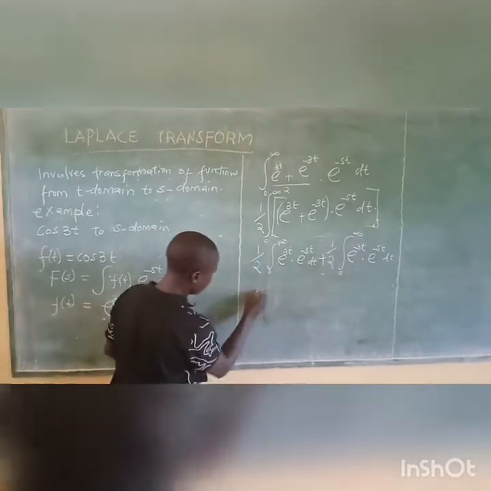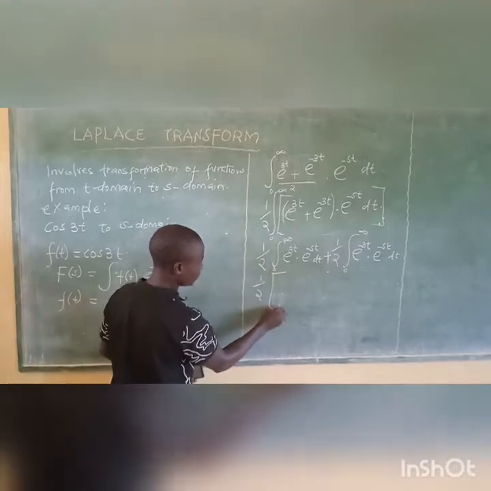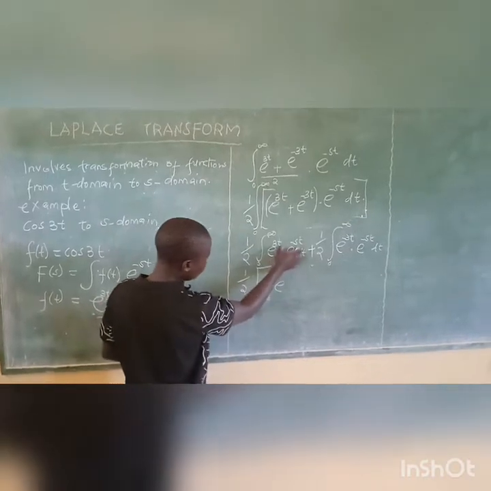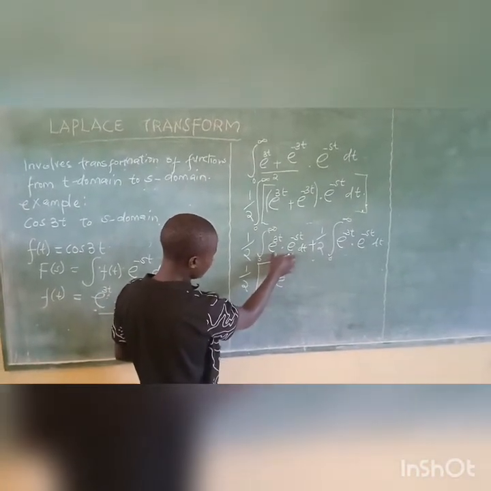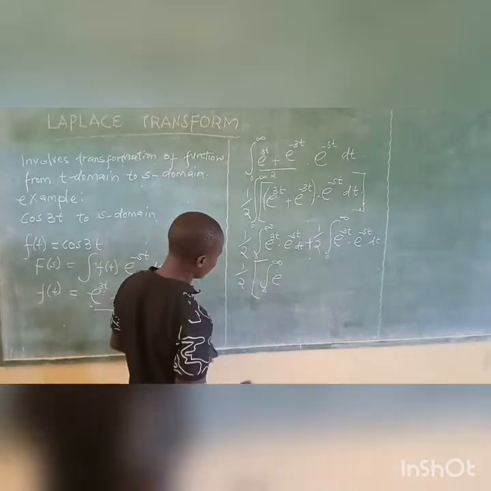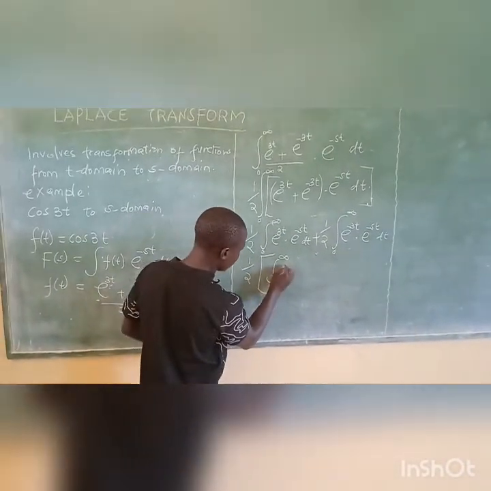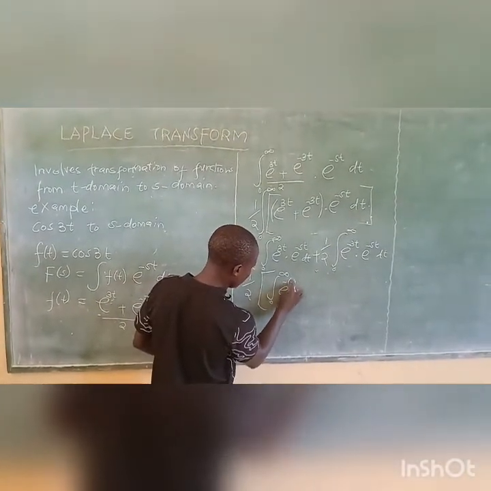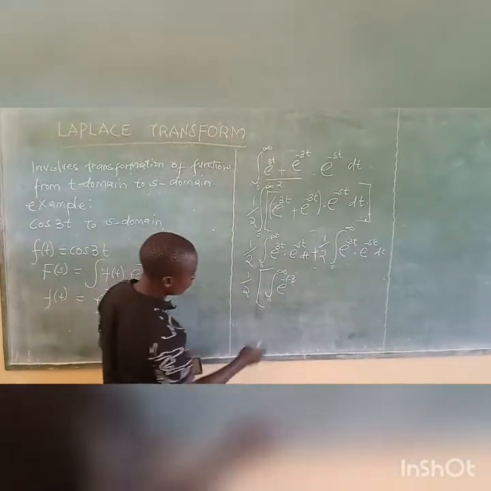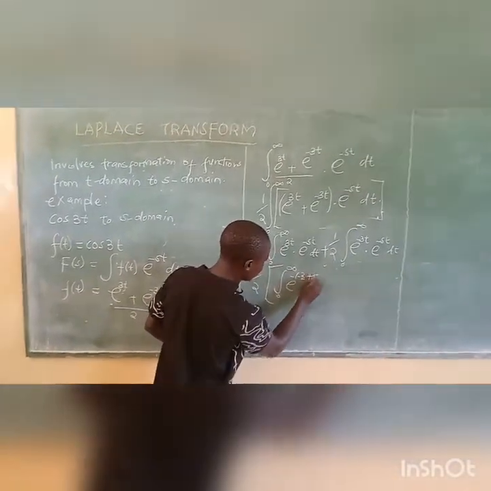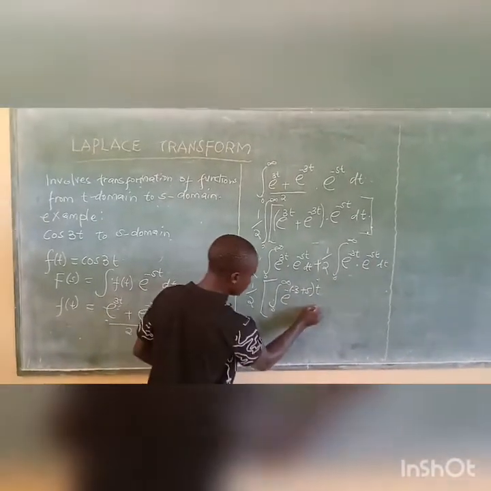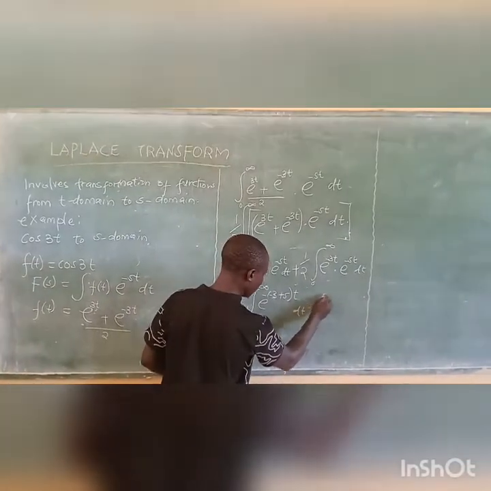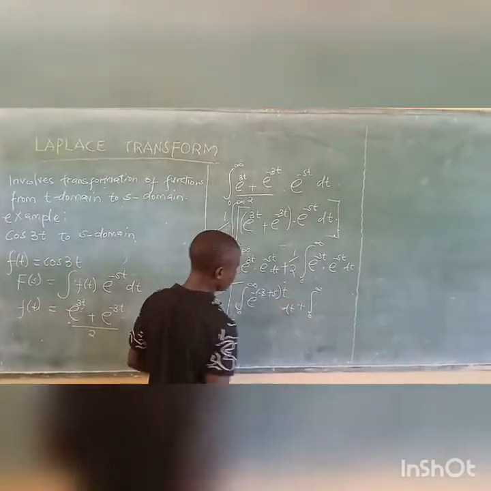So combining this and this, it is a half integrating from 0 to infinity exponential. We want to multiply these ones. The bases are the same, so we add the powers. So it will be negative into negative 3 plus s, by t with respect to t, then plus integrating from 0 to infinity.